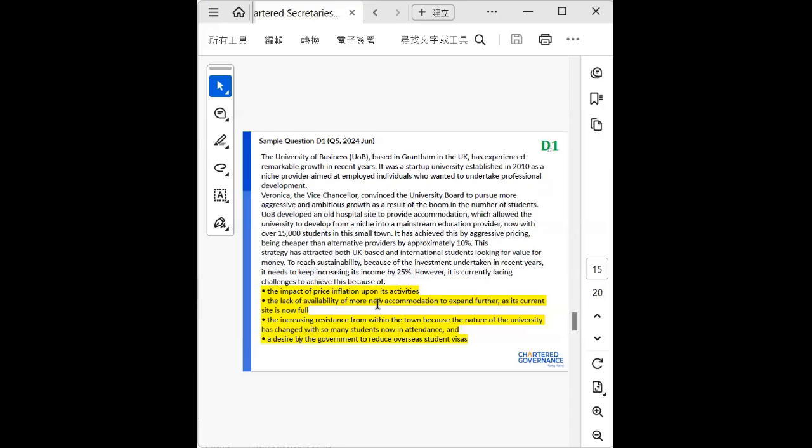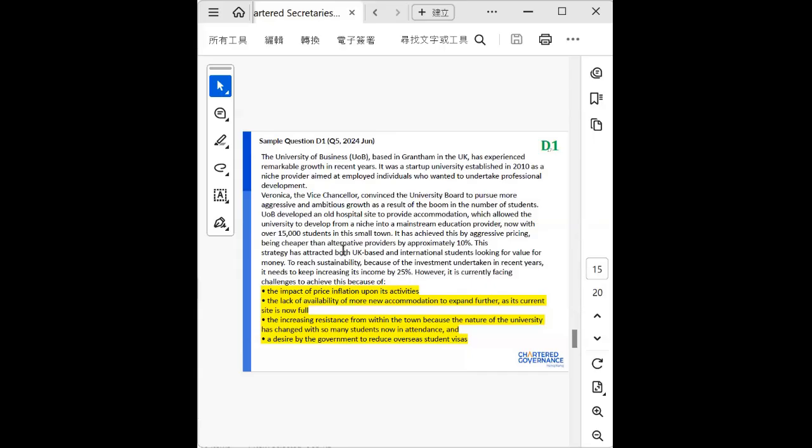But these are basically the problems: price inflation, lack of space for accommodation, no way to expand further, resistance from the town because people resist so many students around, and a desire by the government to reduce the overseas student visa. So you are expected to discuss some of these as the difficulties faced by your options. This is quite simple. You just pick up the reference part and discuss this as an option.